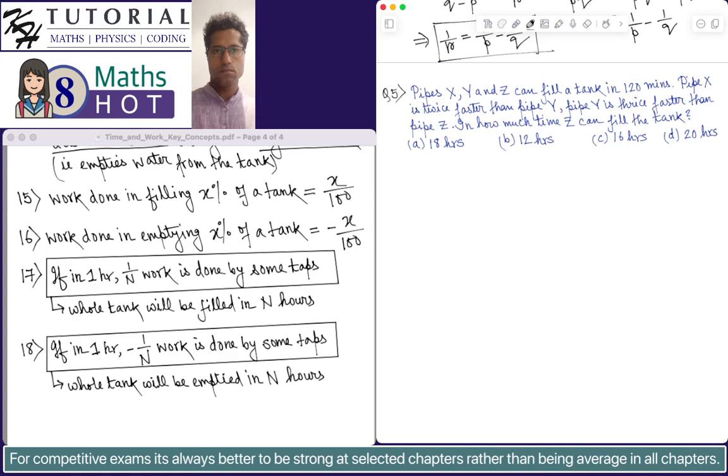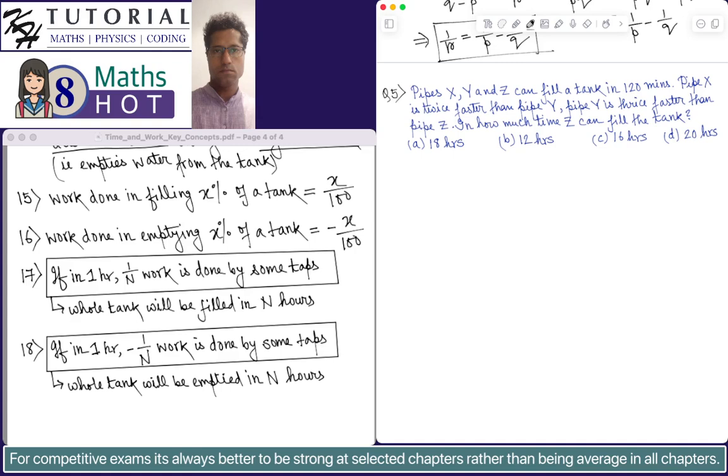It is given that the speed of a pipe, you can consider it as the rate of work done by each pipe. That is the work done per unit time, that is work done per minute.